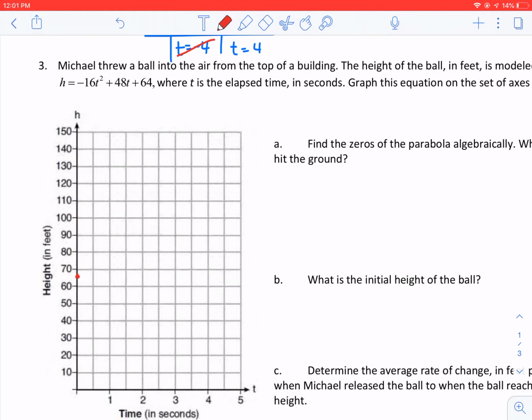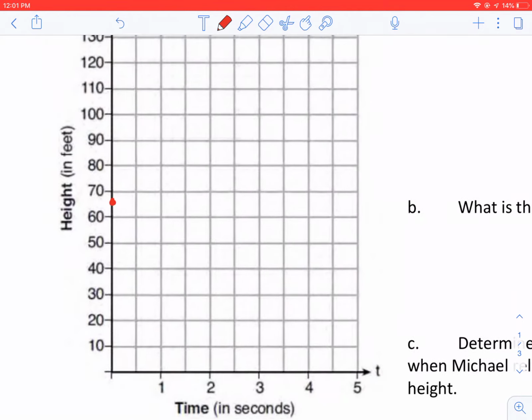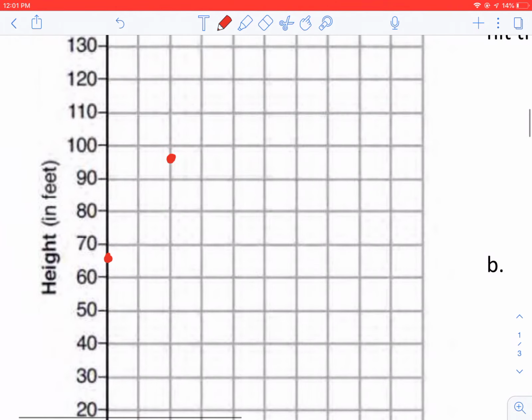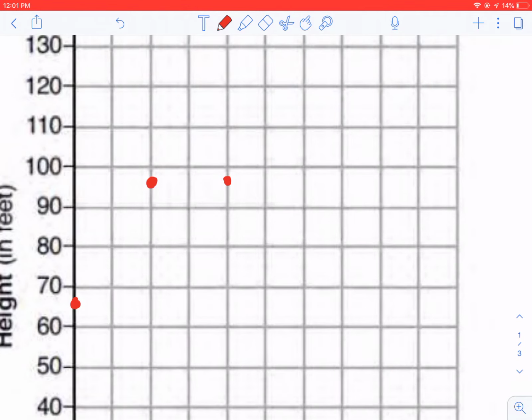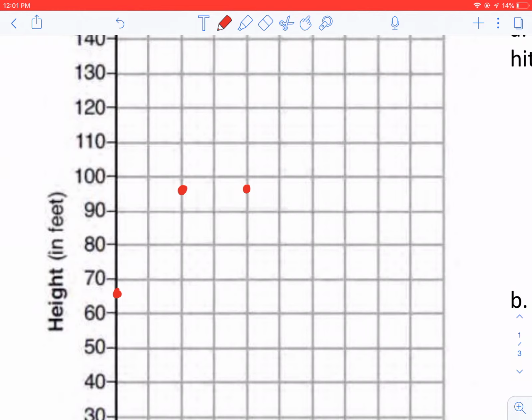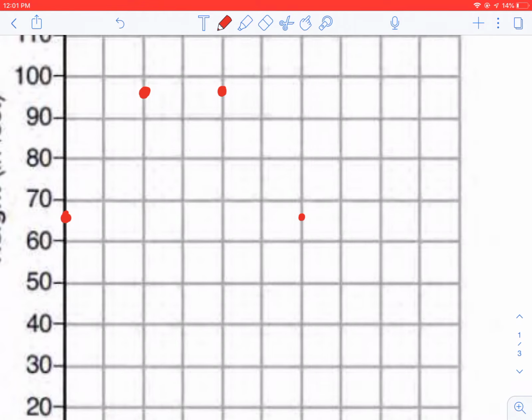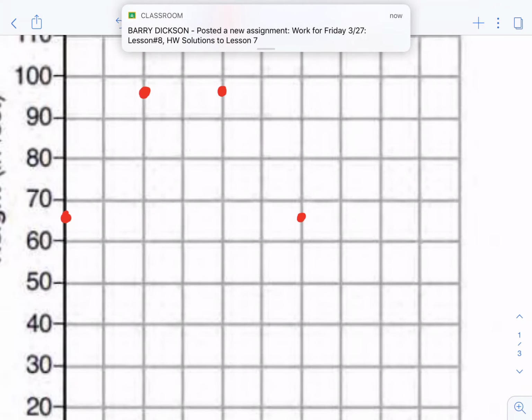We got 0, 64. 1, 96. 2 comma 96. If we keep going, we got 3 comma 64. And 4 comma 0.